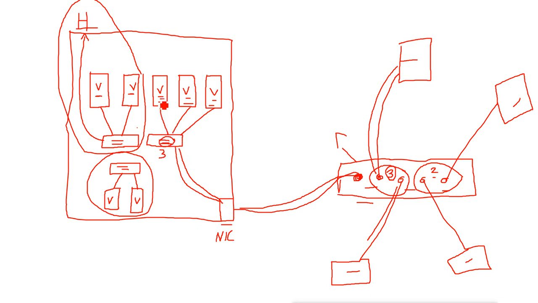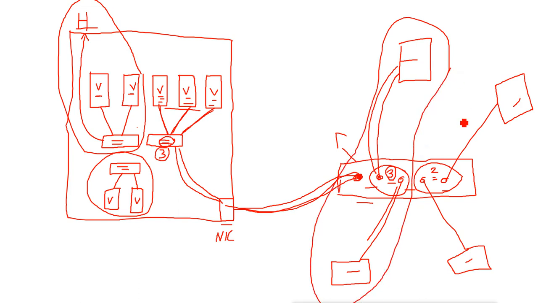So whatever data comes from these virtual machines will be tagged as VLAN ID 3. So when it goes out to the real switch, the real switch knows that the data is for VLAN ID 3. It is not for VLAN ID 2. So these three machines will also be in the same VLAN, and these three machines can communicate with these two machines, and they will not be able to communicate with the VLAN 2 machines.